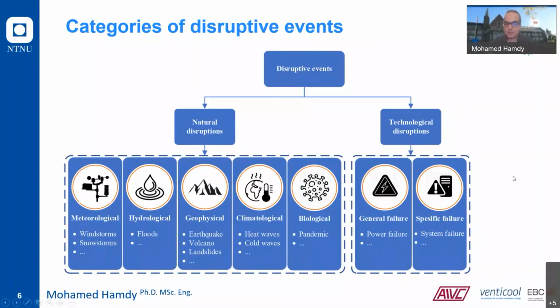And technical can be about central failure or specific failures, like power cuts or failure in some system. So if we're talking about resilience, we have to say resilience against what? We have to choose against which of those disruptive events we are talking about resilience.